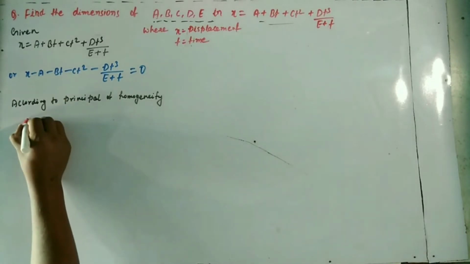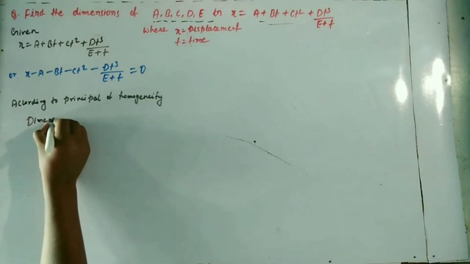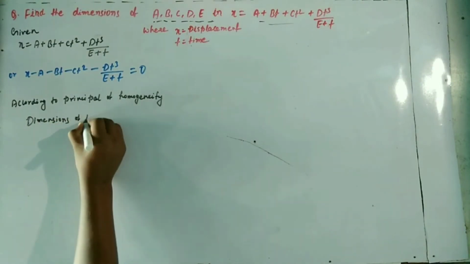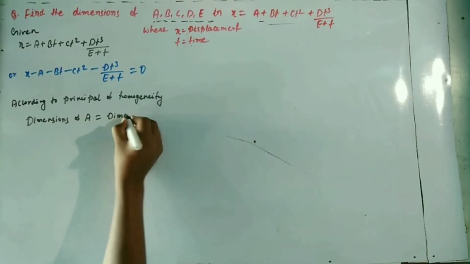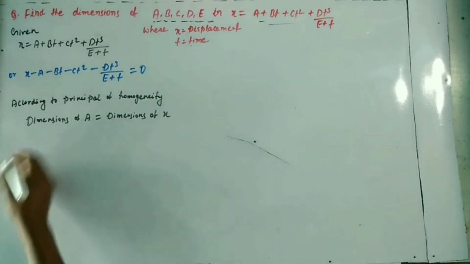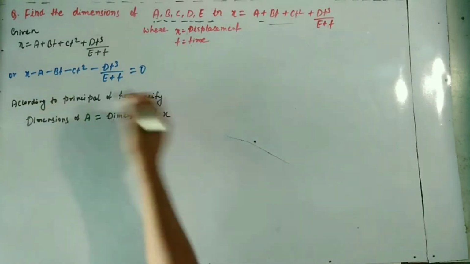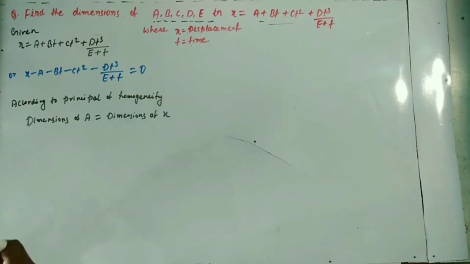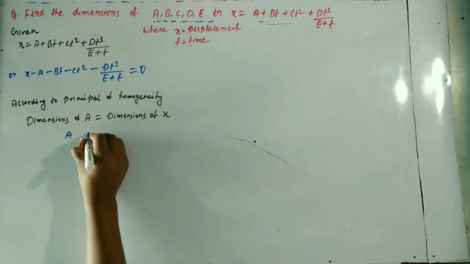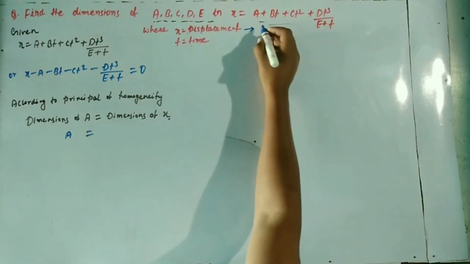This was already discussed in the last video. So, according to the principle of homogeneity, the dimensions of A equal the dimensions of X, because these terms are added. So the dimensions of A equal the dimensions of X.